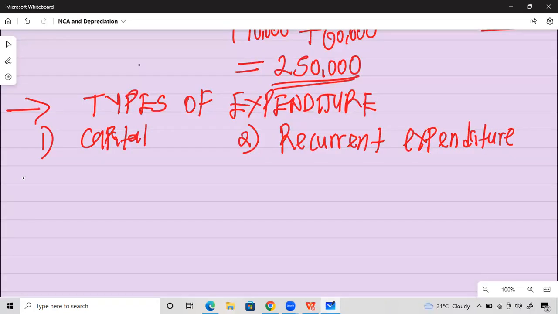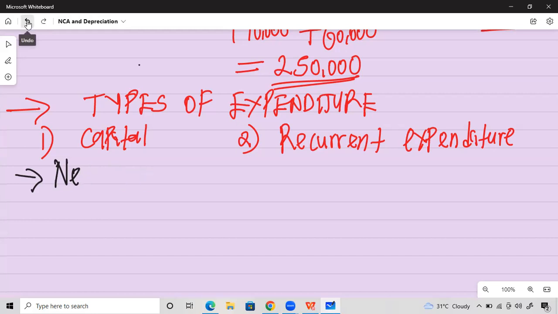What I'm saying is, one, capital expenditure are those costs that you incur to acquire a new non-current asset.